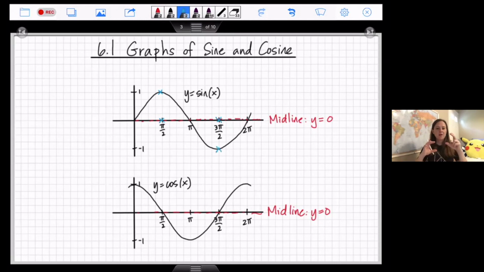Either way, on the graph of sine and cosine, this is a distance of 1. So we would say that the amplitude is equal to 1. Same thing for cosine.